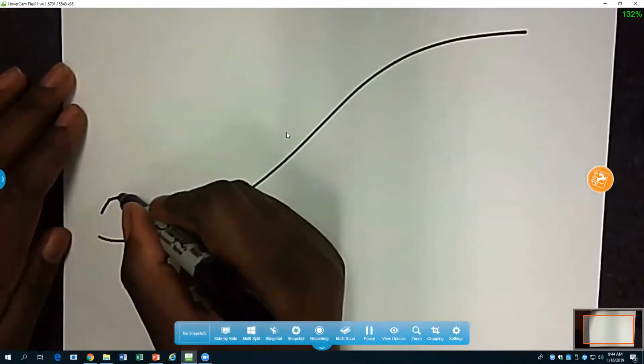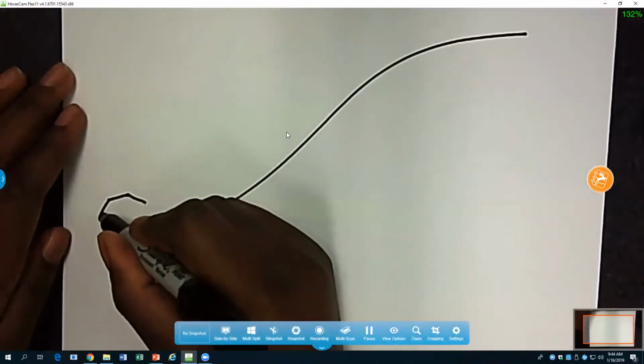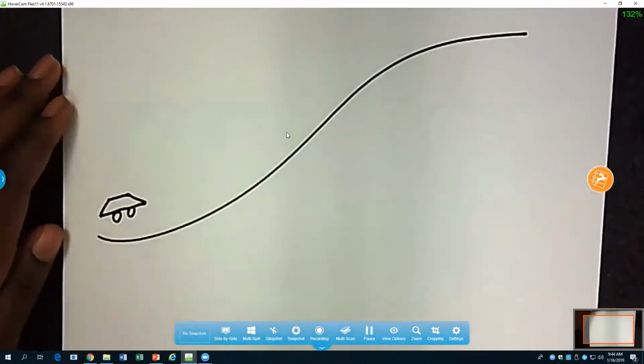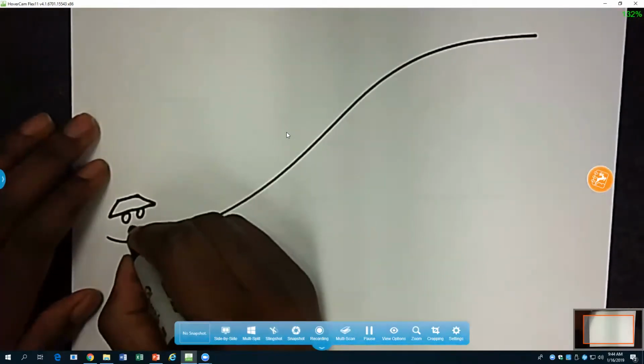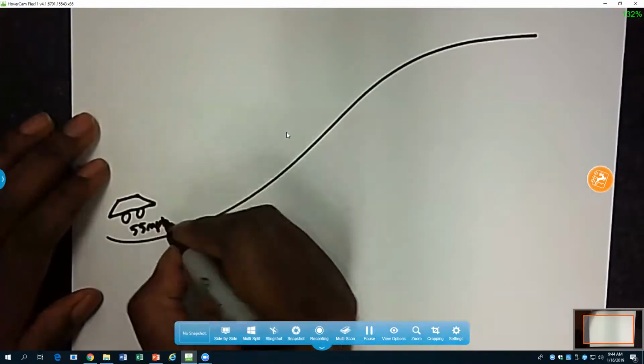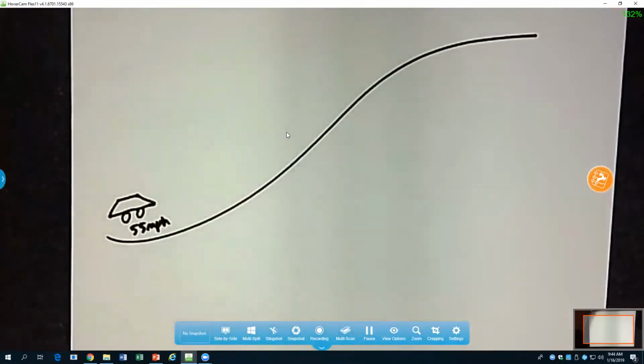And we'll draw our car here nicely. When this car starts out, it's going to set the cruise control at about 55 miles per hour. So we're at 55 miles per hour here, and that's where we set our cruise control.